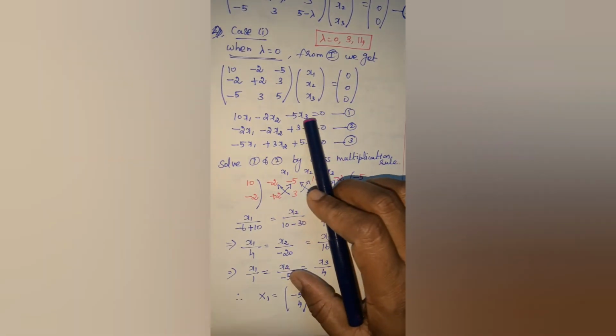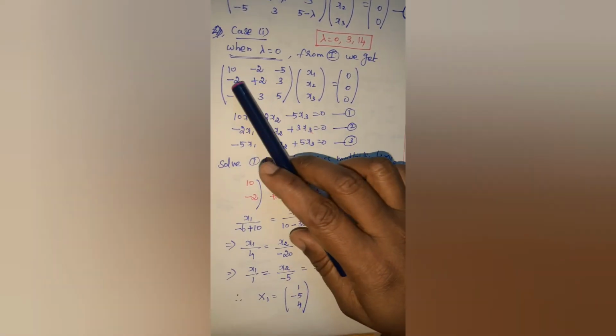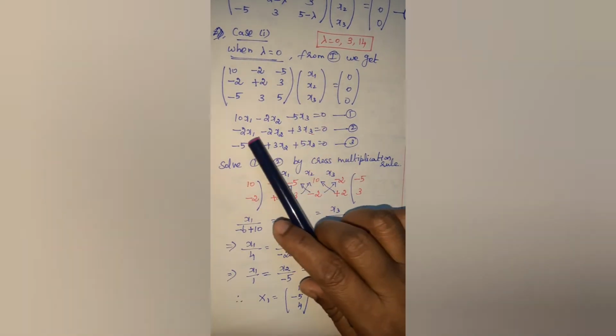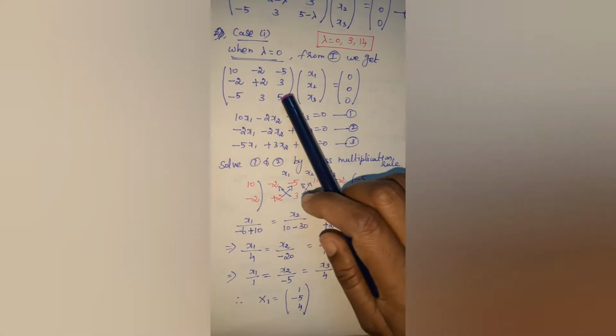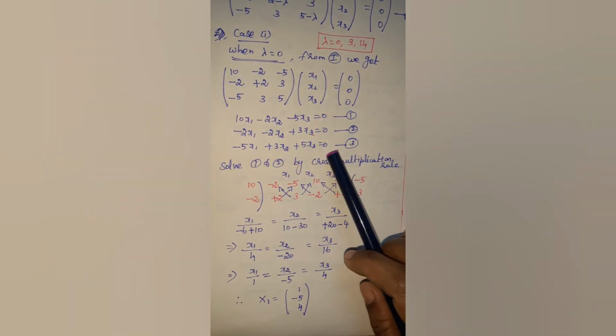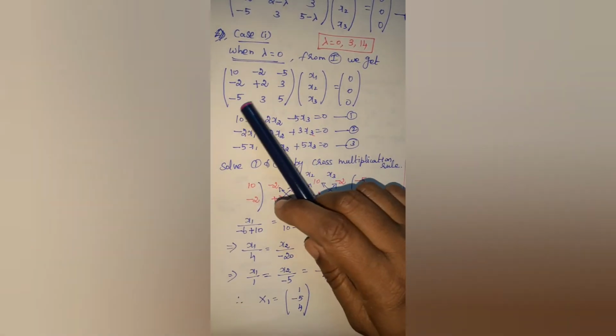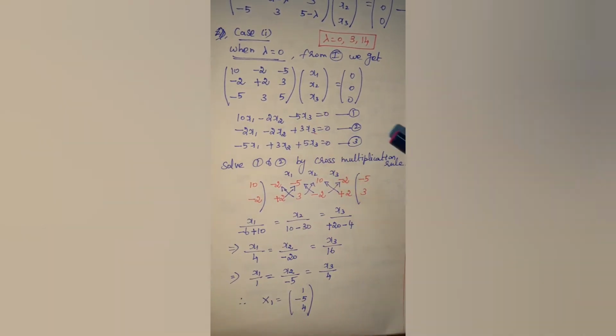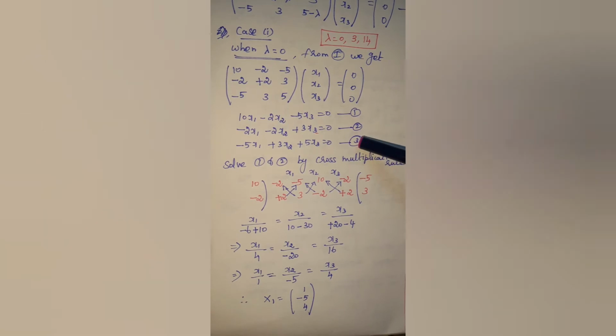This is just matrix multiplication, right? Then you take the second row with the variables, so you get the second equation. Third row with these variables, you get the third equation: minus 5x1 plus 3x2 plus 5x3 equal to 0. Mark them as equations 1, 2, 3.